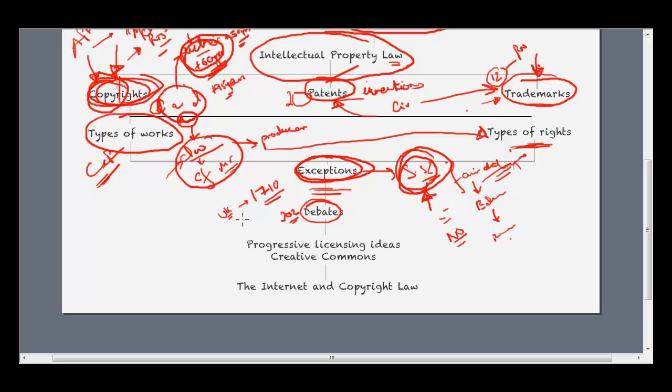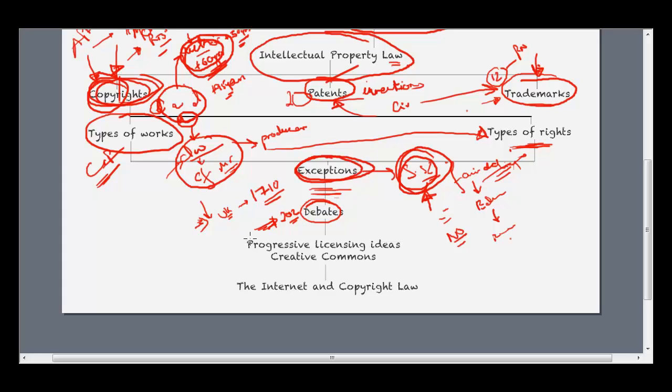So we're talking about a change as big as going from printing presses, which were the state-of-the-art technology in 1710, to computers and the internet, which is what pretty much everyone's got at home now in 2012.